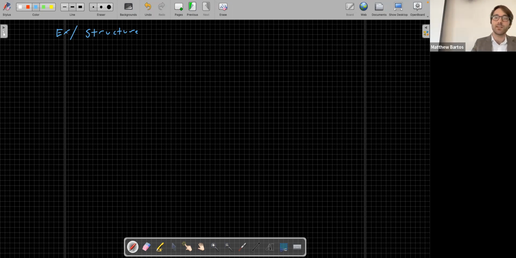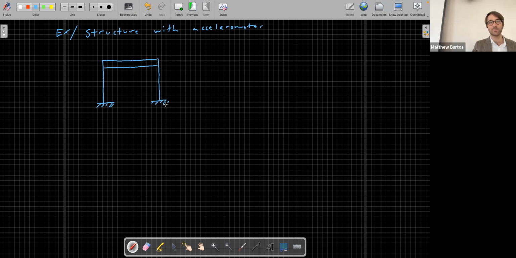So we can use it in this case to represent a structure with an accelerometer. A block diagram is useful if we want to represent not just the state of the system itself, but our observed output of the state.